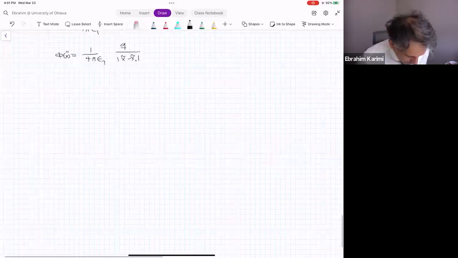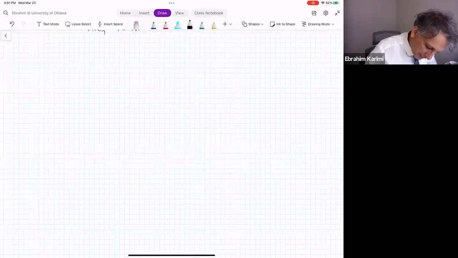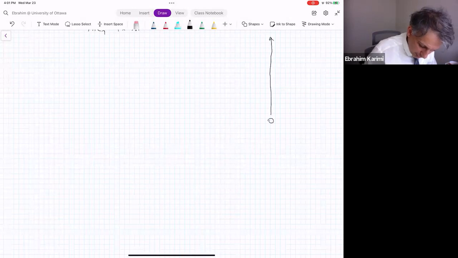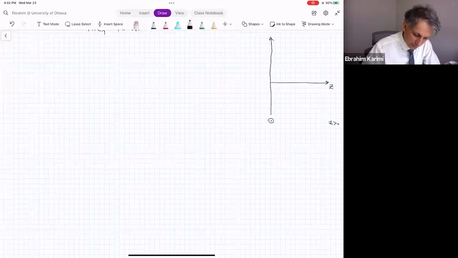Now let's choose another problem. I have a boundary now. This is x. This is y, which I'm not showing. And that will be the z direction. I have two regions, z greater than 0, z smaller than 0.